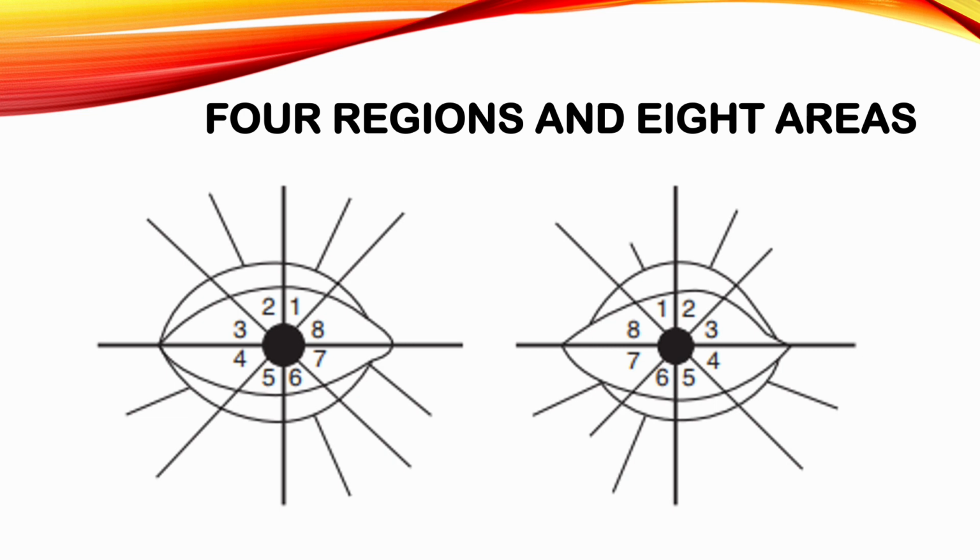Each of the 4 regions is then further divided into 2 separate areas, making a total of 4 regions and 8 areas. The left eye belongs to Yang, and the 8 areas flow clockwise. The right eye belongs to Yin, and the 8 areas follow a counterclockwise flow.